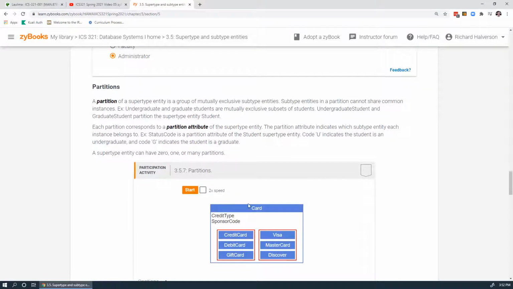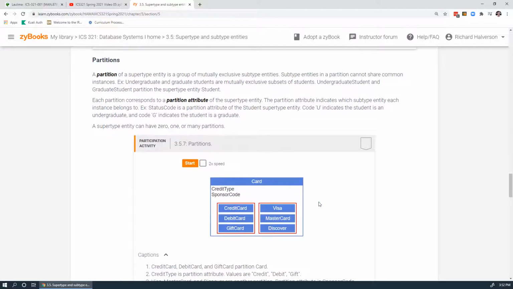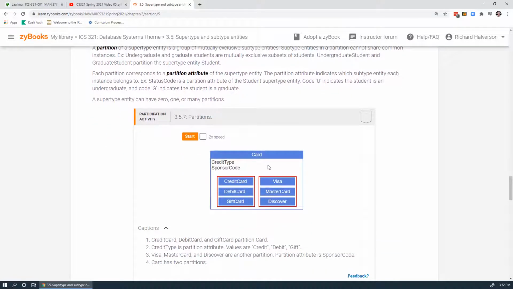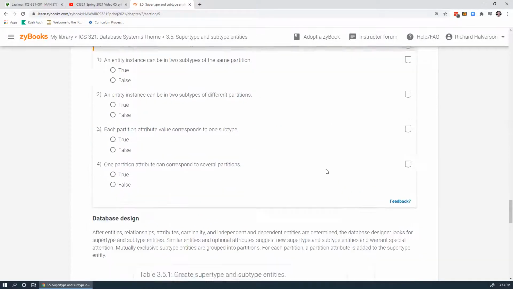And then we can have these mutually exclusive subtype entities. You have cards for buying, a credit card or whatever. They can be credit cards, debit cards, gift cards, or whatever. There can be different brands. It's going to be only one of these and only one of these, but any combination kind of thing.